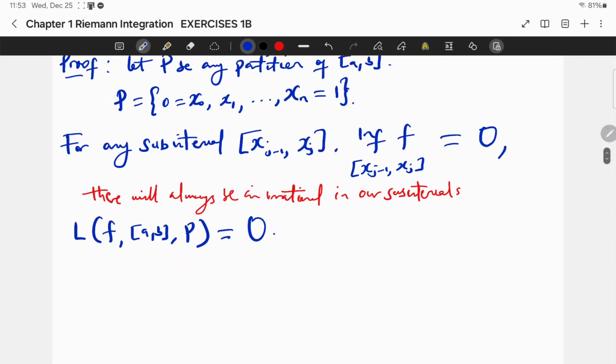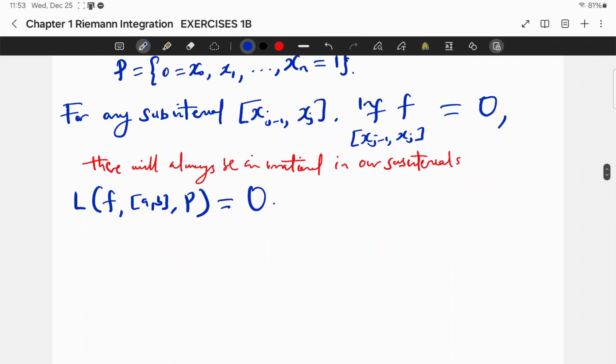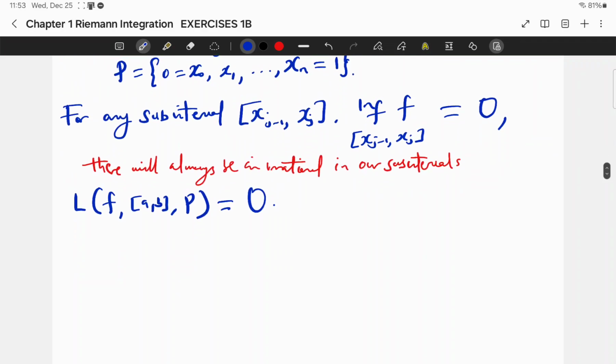Okay, so however for the upper Riemann sum now, the supremum of f, let me check conditions for the supremum of f.